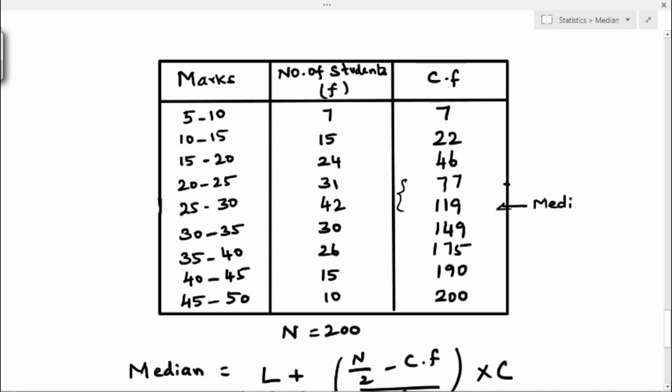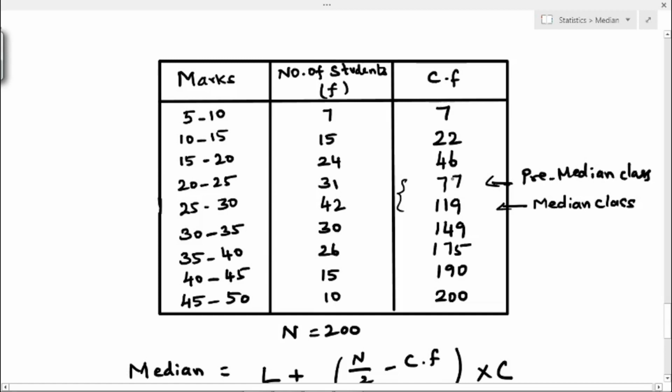This value is the median class value. We have to find the cumulative frequency of the pre-median class. Since this is the median class value, the preceding value, 77, is the CF of the pre-median class.